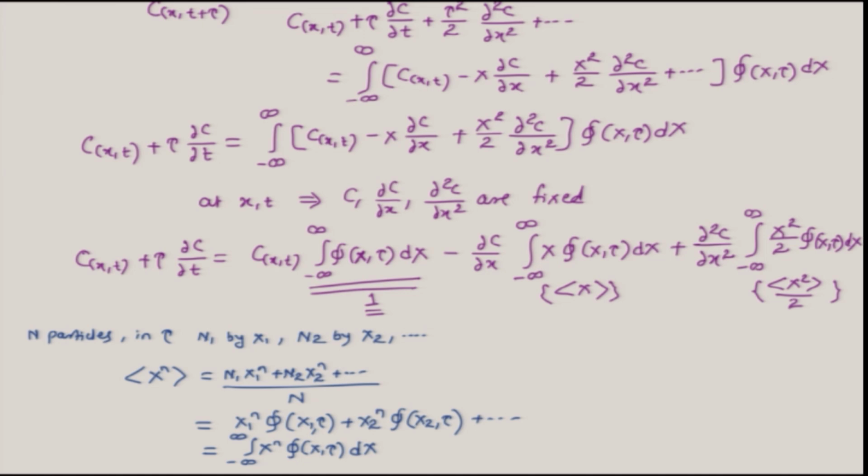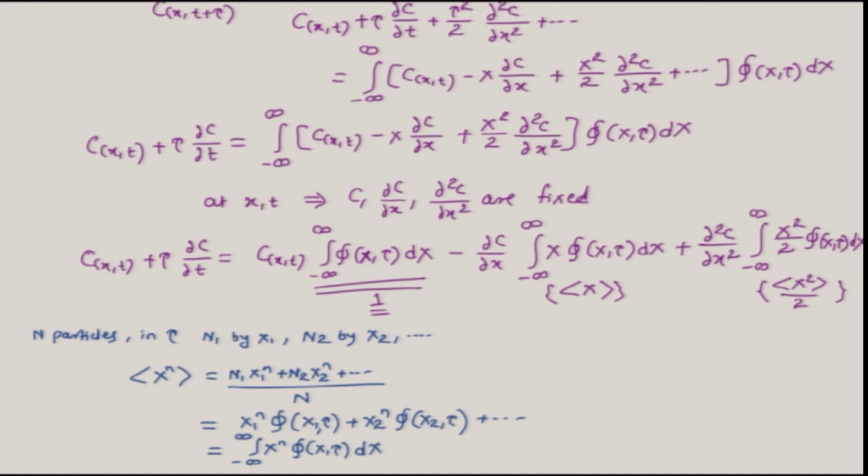So, if we write it, the c of x t on right hand side will cancel with that on the left side. And this tau if we take on the right hand side, we get the expression dou c by dou t equal to mean square displacement x square by 2 tau dou 2 c by dou x2 minus average of x by tau dou c by dou x.